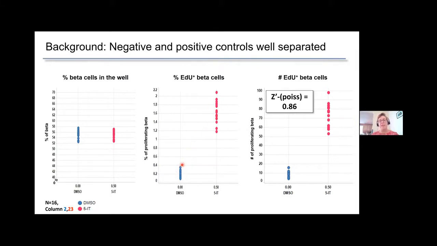This always happens, and some donor islets react much better, where we see, oh wow, 4% or more are proliferating. Sometimes we see 1%, things like that. That's why for screening, we need it as a positive control on every plate. But we get this nice separation. I'll come back to what the Z prime factor means in just a moment.